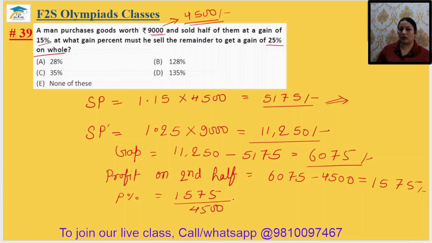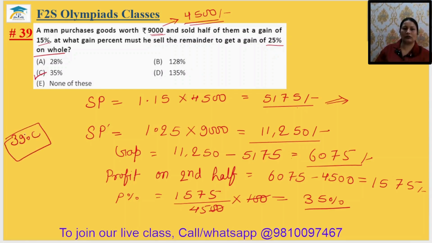CP of the half amount is 4500, multiplied by 100. After simplification, we will get 35%. So he needs to sell the rest, half of the amount, at the rate of 35%, so that he can gain 25% on the overall item. Option number C. The 39th answer is option C.